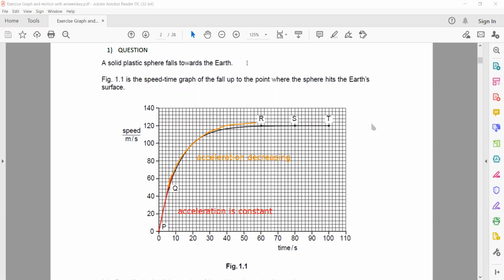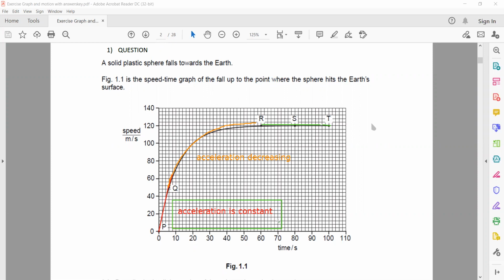And moving from R, S and T, because it's a straight line, it means it is having a constant speed, and when it is having a constant speed, no speed is increasing. Abdullah, the first part: acceleration is constant, speed is increasing.